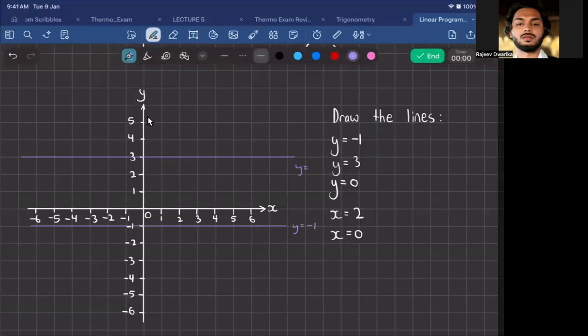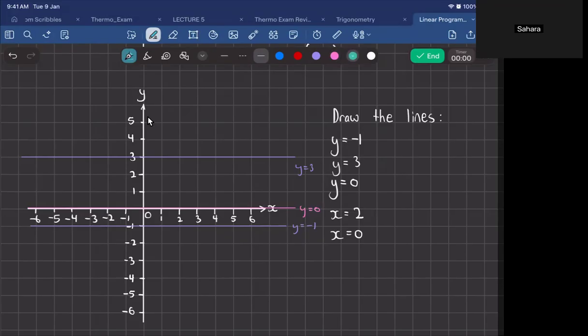Vertical. Passing through what value? 0. Okay, so for y is equal to 0, you're saying this? Yes, sir. Okay, nice. But that wouldn't be vertical, it would be horizontal. You said vertical. Oh, yeah. Okay. Right? y is equal to 0. Or what about the other one? x is equal to 2. Vertical. Right? x is equal to 2 would be vertical.